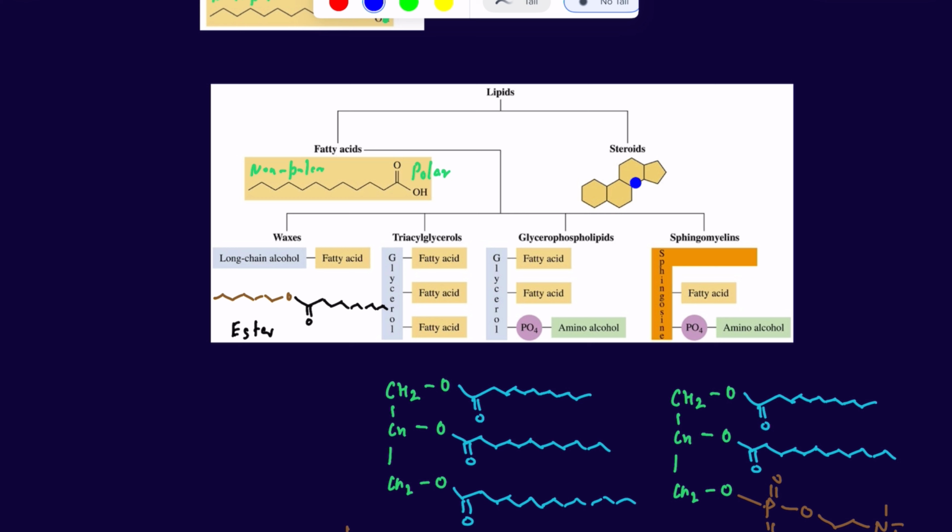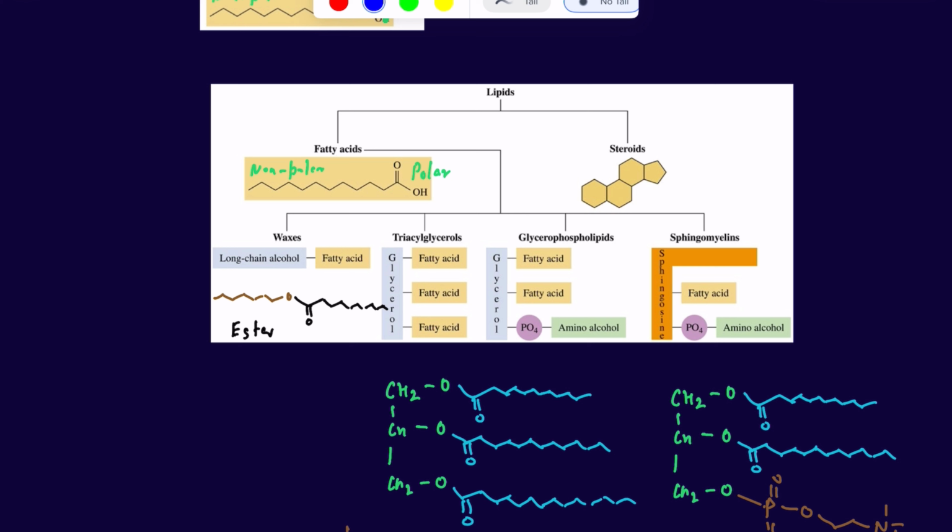You can talk about cholesterol, testosterone, bile salts. You can talk about a lot of those things. They all fall in this particular category. So if you see something that contains four rings, three of them six-member rings and one of them a five-member ring, that will put them in the category of steroids.